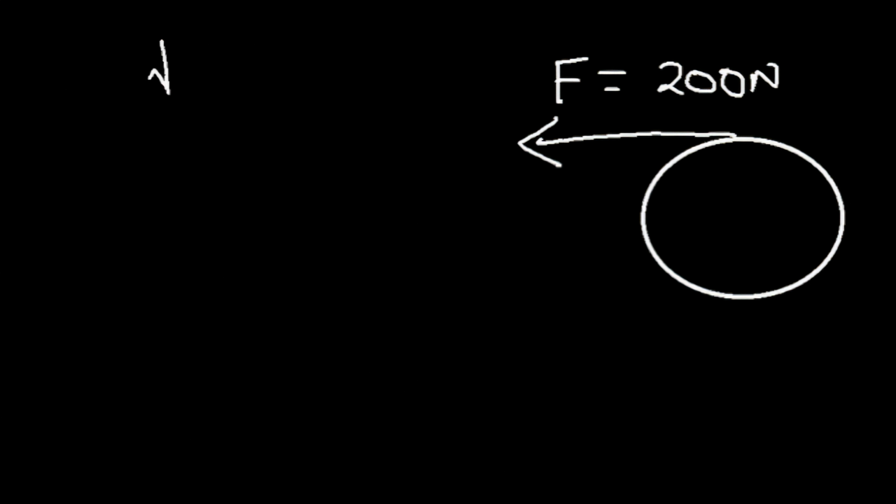Now let's say if we have another wheel. Let's apply a force of 200 newtons. So let's say if there is a rope attached to this wheel and we're pulling on the rope with a force of 200 newtons. So this force represents the tension force. And let's say we pull the rope through a distance of 40 meters.